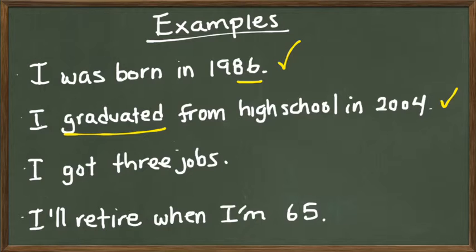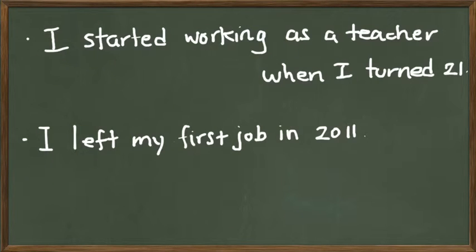Next one, I got 3 jobs. There you go. And here's our word, got, which means to have, to obtain. The next one, I'll retire when I'm 65. And there's a word, retire, meaning that you stop working. Two more examples.